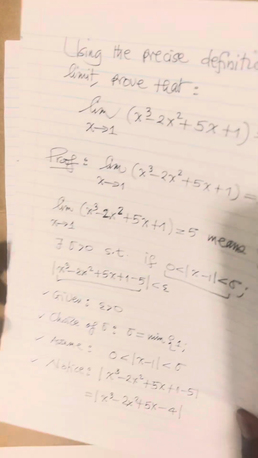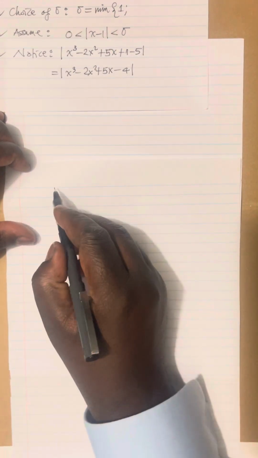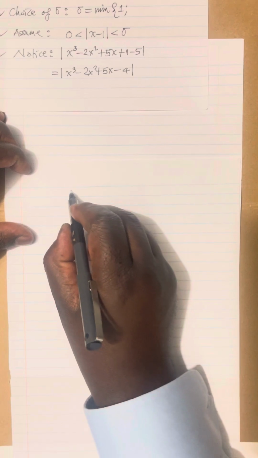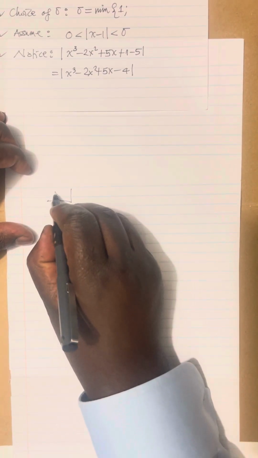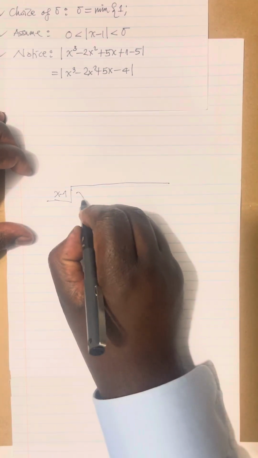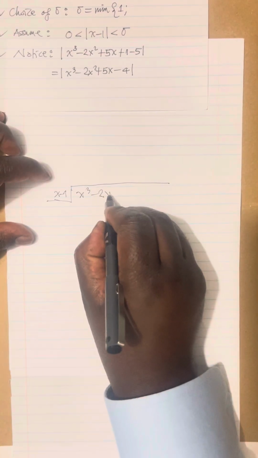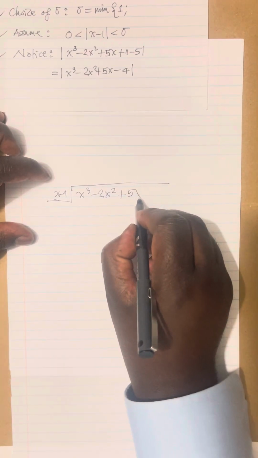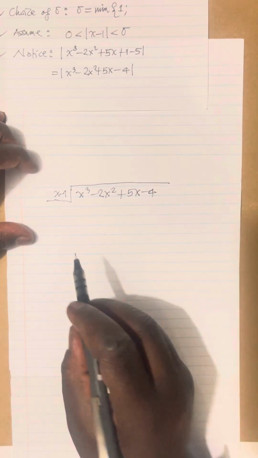Let me use another page here for our long division. Long division of what? Of x minus 1 dividing into x cubed minus 2x squared plus 5x minus 4.